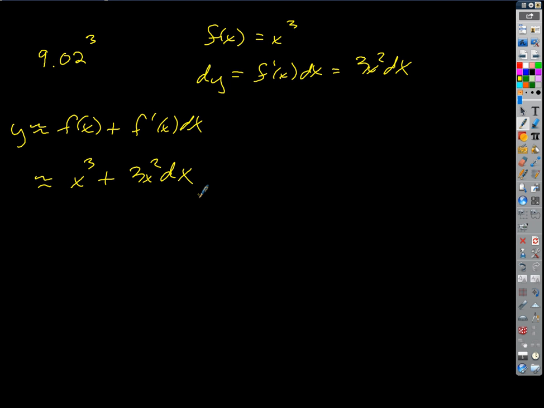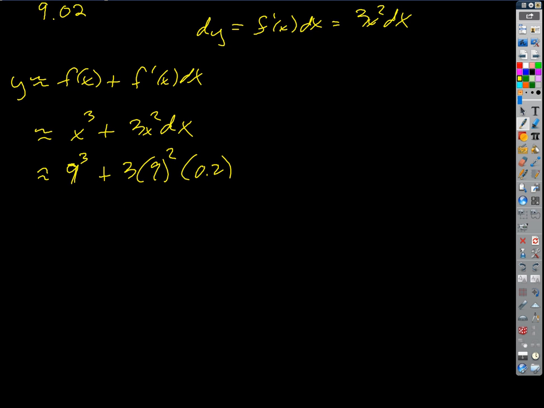So x is 9, dx is 0.02, right? So we're going to get 9 cubed plus 3 times 9 squared times 0.02. That even makes it more impressive.